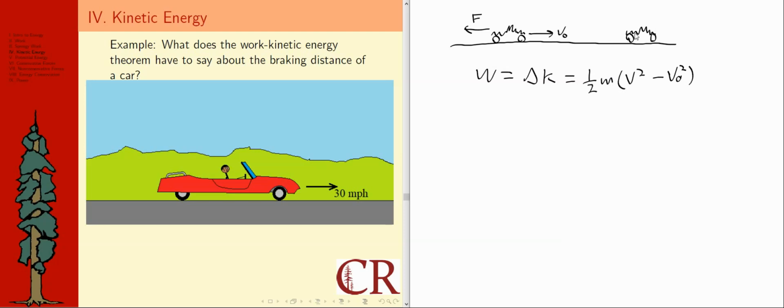In this case, the final velocity v is equal to 0, since the car is braking and its goal is to come to rest, but the work is negative. So I can replace that side with minus F times d, where d represents the displacement, and that's going to be equal to minus 1/2 m v naught squared. And of course that means these minus signs can cancel out.